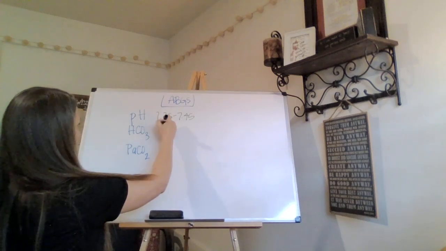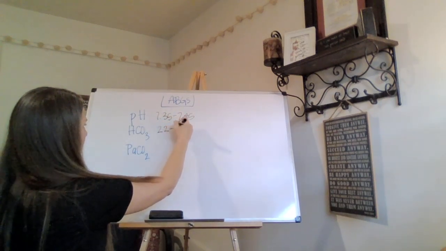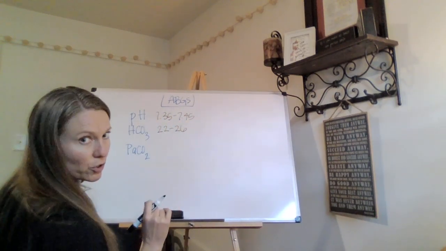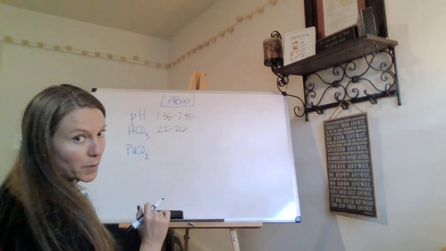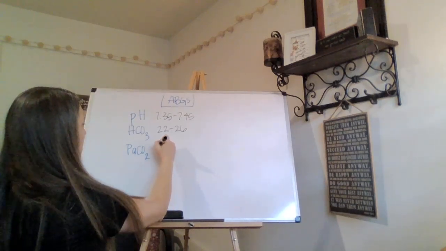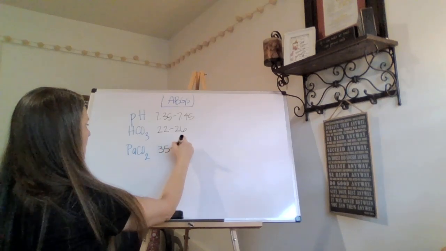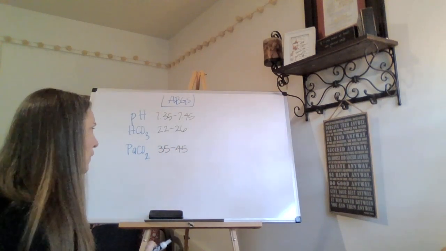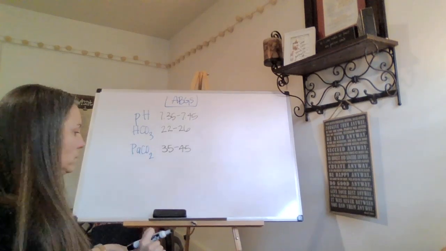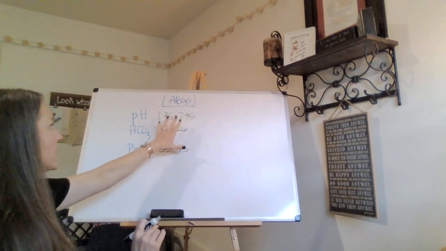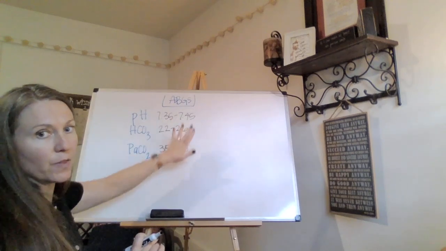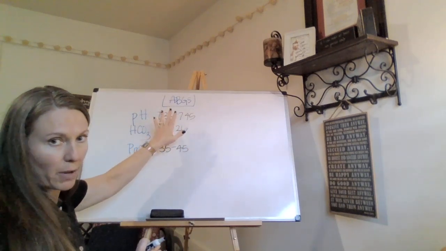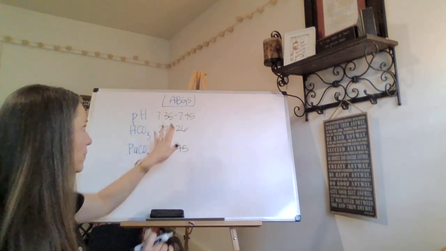HCO3 is 22 to 26, and PaCO2 is 35 to 45. Okay, so anything within this range on my results is normal.